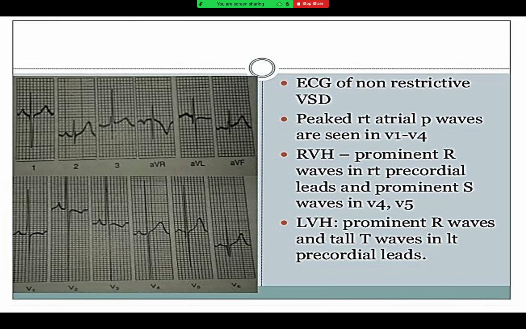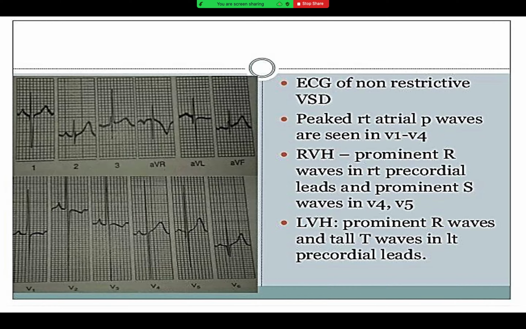From V1 to V4, tall and peaked. And there are also signs of right ventricular hypertrophy. How do you say that? Because in V1 to V4, you notice prominent R waves. Prominent R wave in V1 to V4, and in V5, V6 you see prominent S wave, in fact.